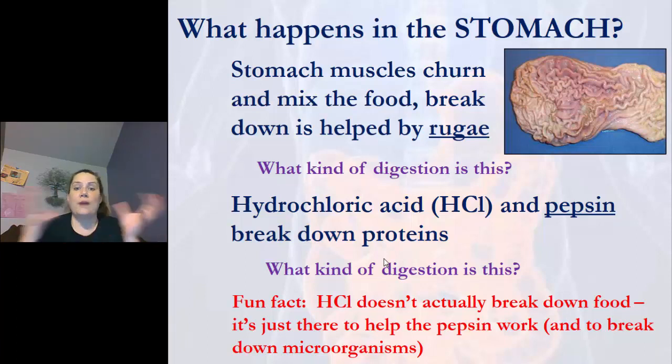It's there to create the right environment for the pepsin. So the pepsin is the main star, and the hydrochloric acid is like the hype girl for the pepsin. Now, one other thing the HCl will do is if you eat some microorganisms along with your food, which you're always doing, it will help break down some of them too.